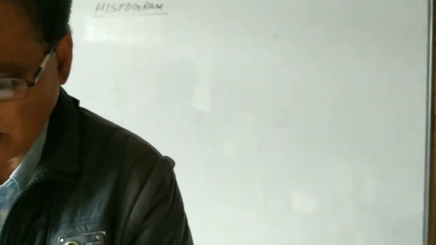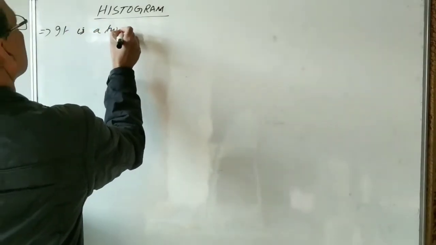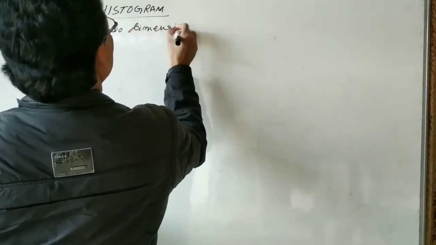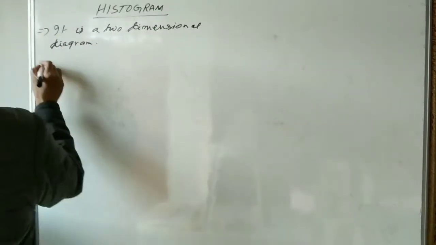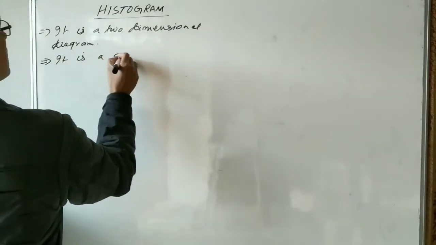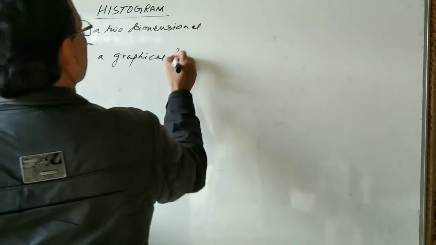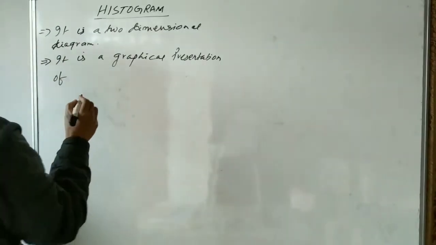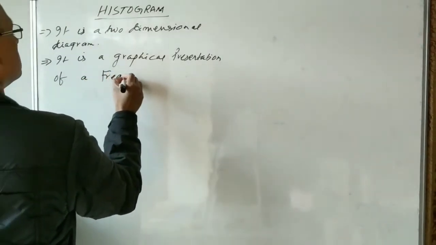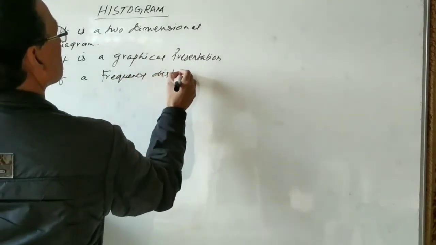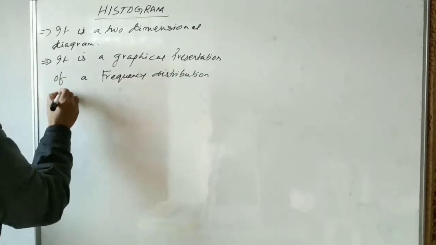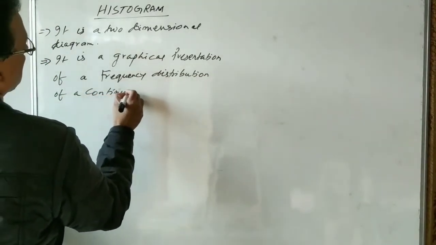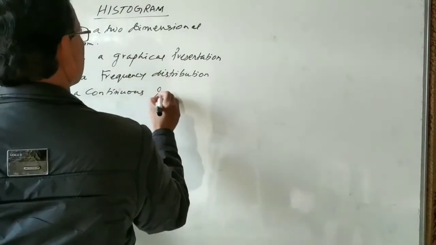Histogram, we know, is a two-dimensional diagram, and it is a graphical presentation of a frequency distribution of a continuous series.